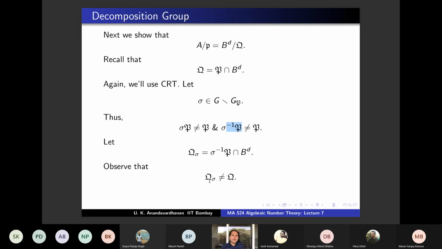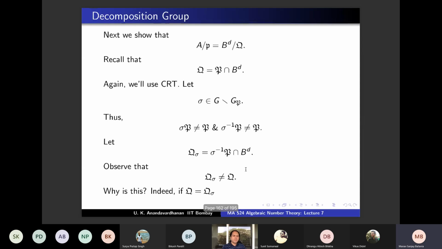So if O sigma equals O, then P is a prime lying above O, and sigma inverse P is also a prime lying above O, and they are not equal. So you will have two distinct primes lying above O, but that you cannot have. P is the only prime lying above O.